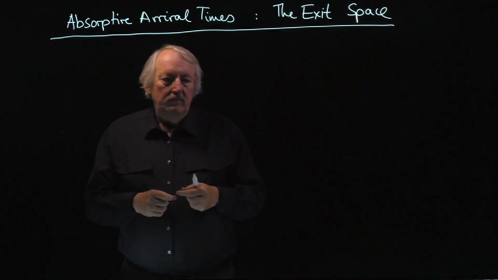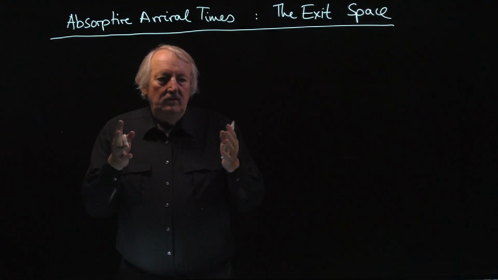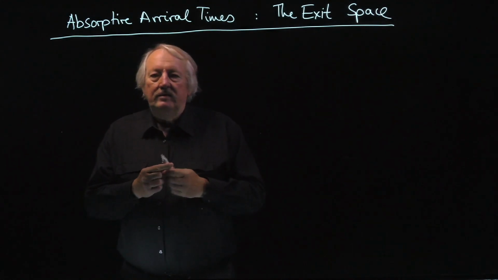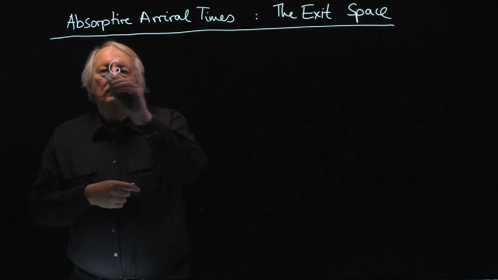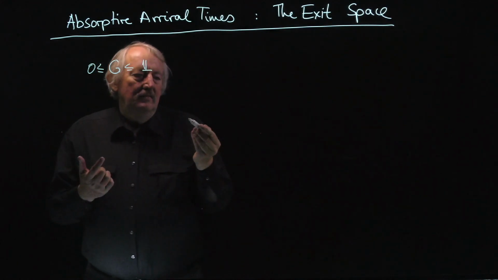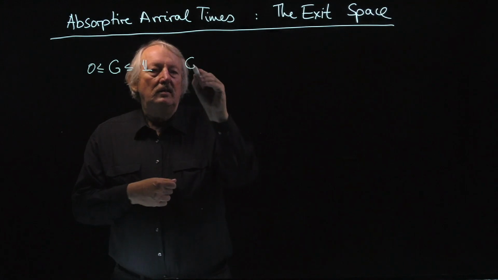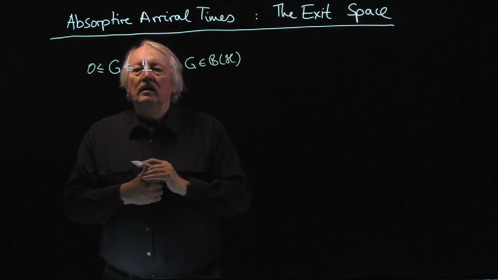So how does this work? When you have an observable on the exit space, how do you turn this into a joint measurement of something and arrival time? Well, that's very easy now. Let's say G is an effect, that is a yes-no measurement, for simplicity. So G is in B(H).